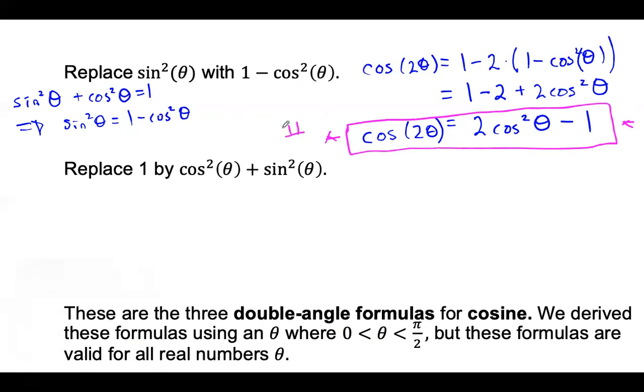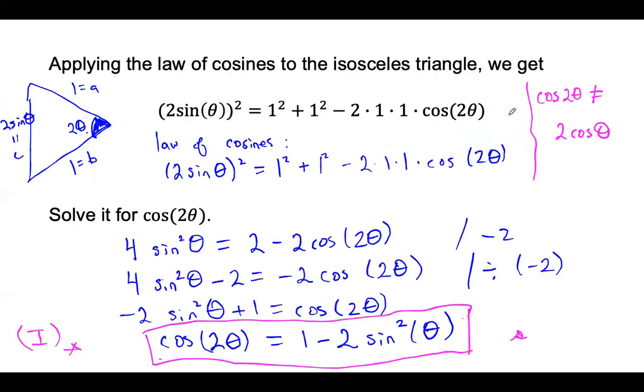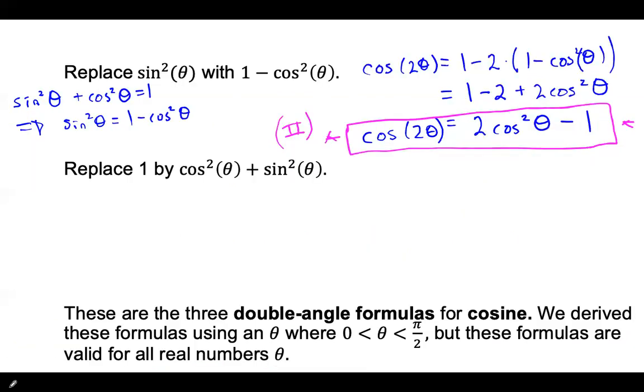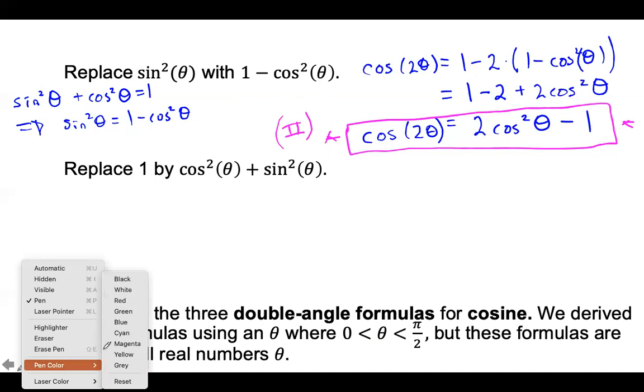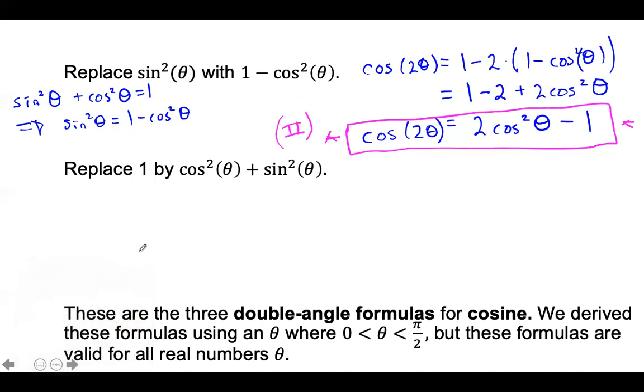So this is the second one. So we have another double angle formula. This is in terms of cos. The first one was in terms of sine squared. This is in terms of cos squared.